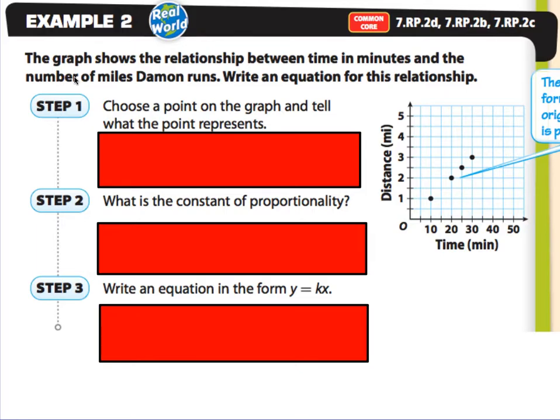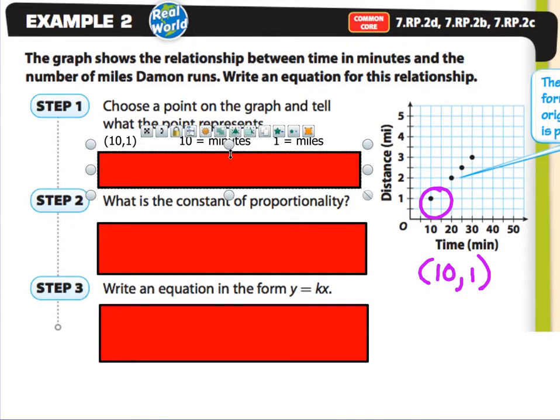Just like we wrote equations for tables, we're going to write them for graphs. So we're going to choose a point and tell what it represents. I chose the easiest point on here because we wanted to talk about it anyways. And I chose the point (10, 1). I have to look at those labels.